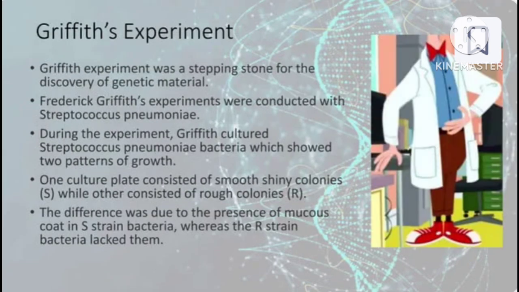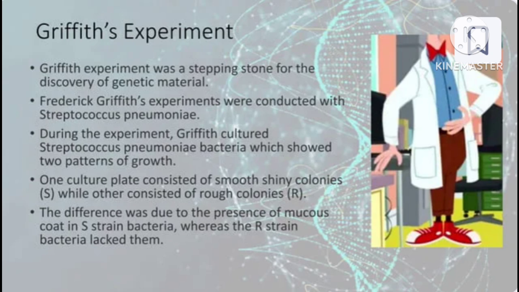Griffith's experiment. Griffith's experiment was a stepping stone for the discovery of genetic material. Frederick Griffith's experiments were conducted with Streptococcus pneumoniae. During the experiment, Griffith cultured Streptococcus pneumoniae bacteria which showed two patterns of growth.